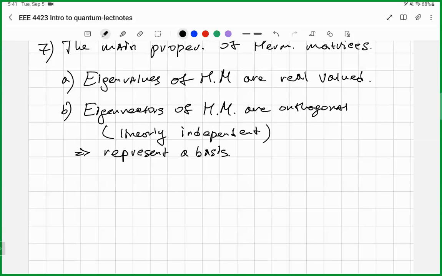And of course, for one space, there are infinite number of different Hermitian matrices, and all of them have different eigenvectors, and this simply means that there is an infinite choice of basis vectors to represent the same space.